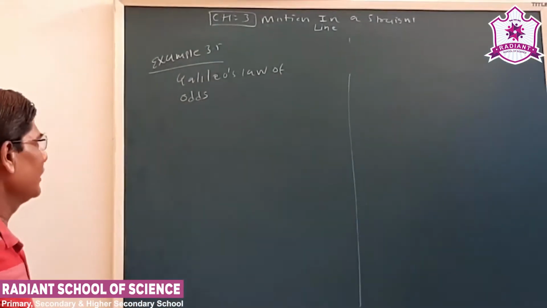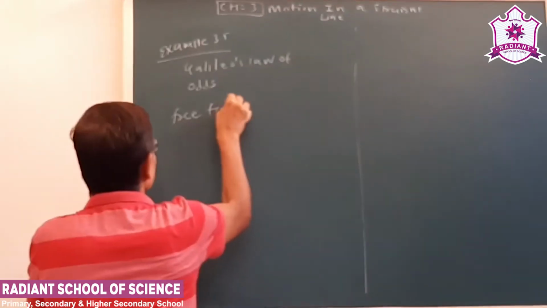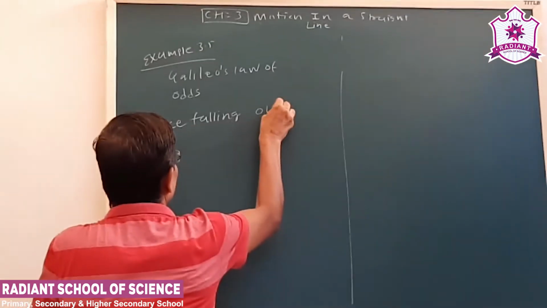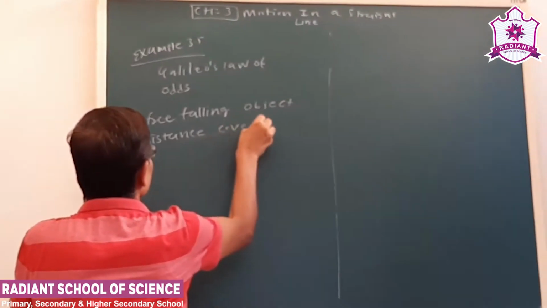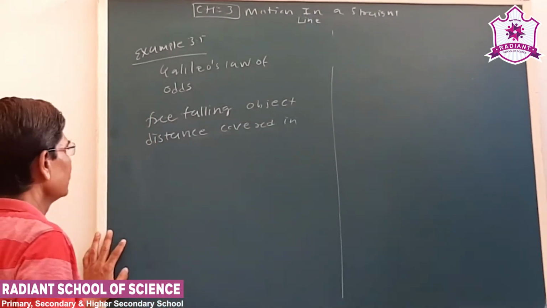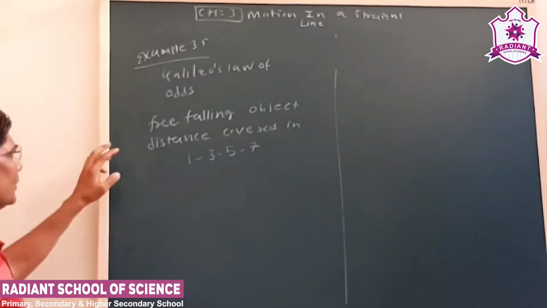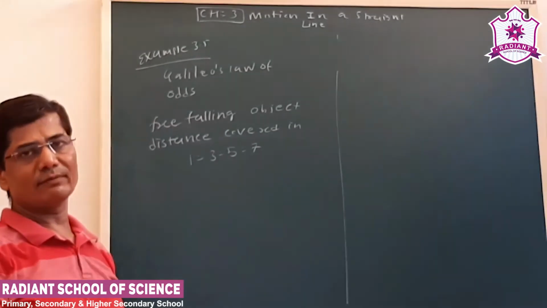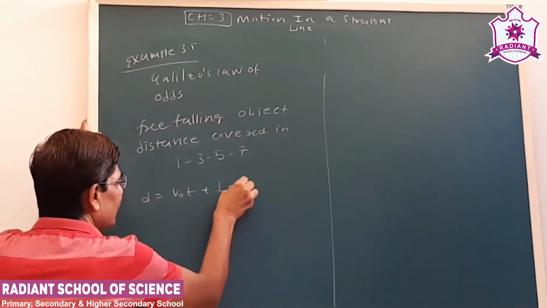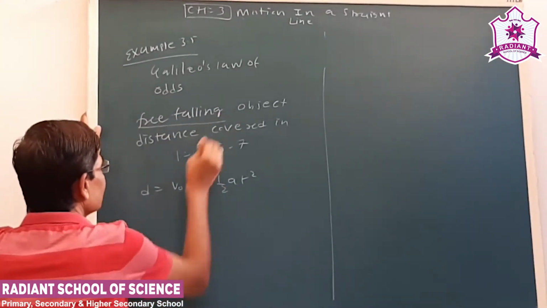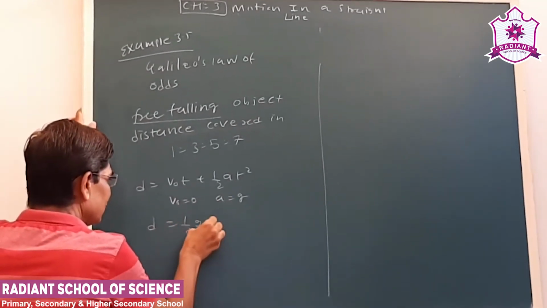Here we have to prove that for a free falling object, the distance covered in consecutive time intervals will be in the proportion of 1 is to 3 is to 5. Earlier we have seen the equation for a free falling object. The distance covered is v0 t plus half at square. But for a free falling object, v0 is 0 and a is g. So d we get as 1 by 2 g t square.